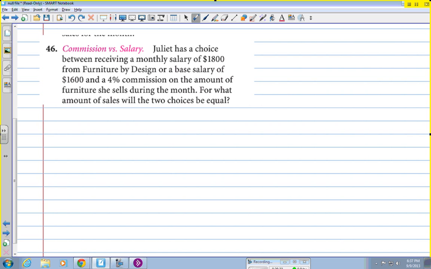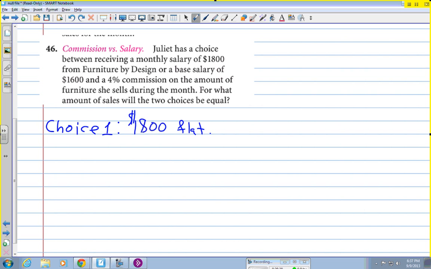Anyone? Sure. She gets 2 choices, $1,800 a month or $1,600 a month. Okay, good. Choice 1 is 1,800 flat, right? And choice 2 is a little more involved.